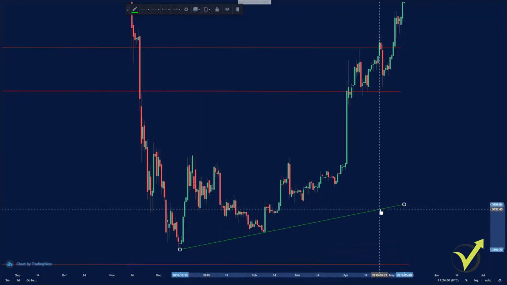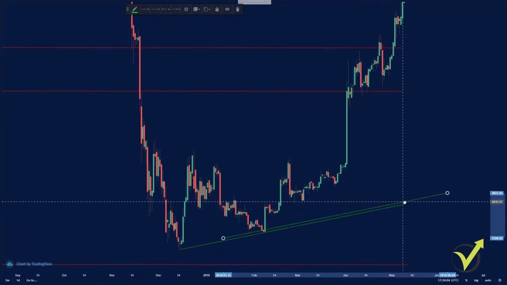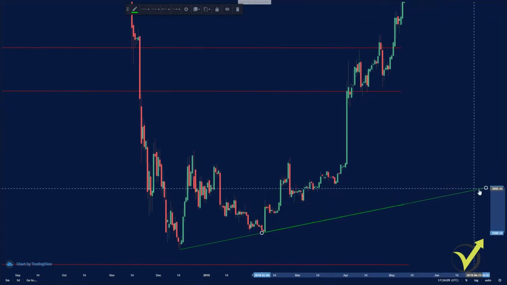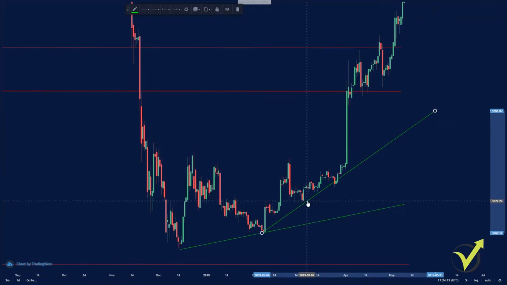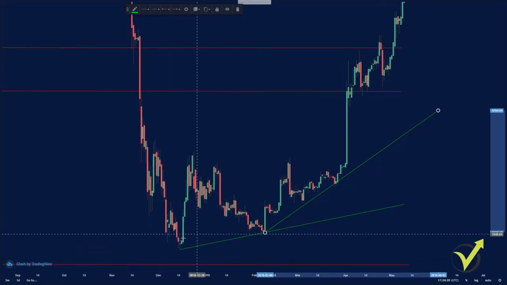After that we take another line, so again Ctrl C, Ctrl V, and I take another line which will go from this low over here, connecting the next higher low. So the higher low that I connected for the first trend line is the starting point for my next trend line.